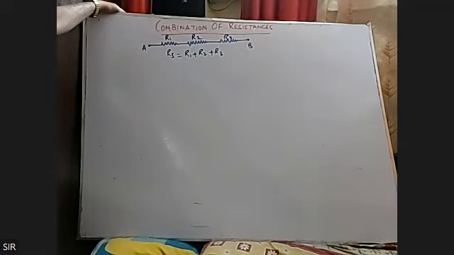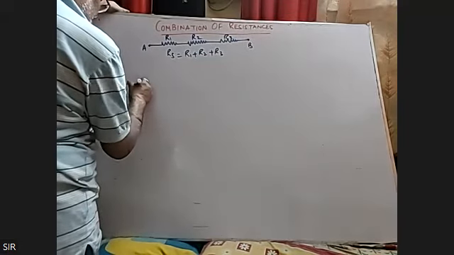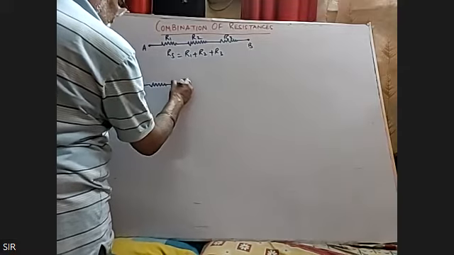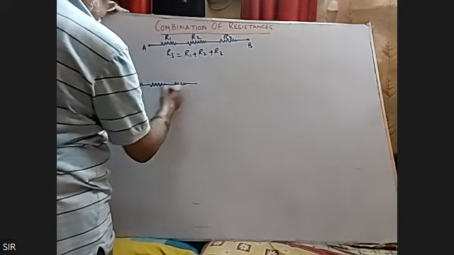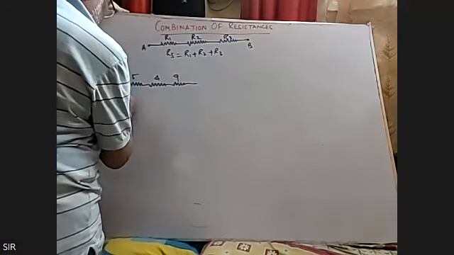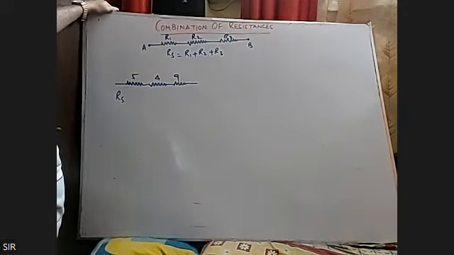Yeah. Okay. Now I'm making some things. What will be the RS? R5 plus R4 plus R9. Tell me the value. 5 plus 4 plus 9, so it's 18.